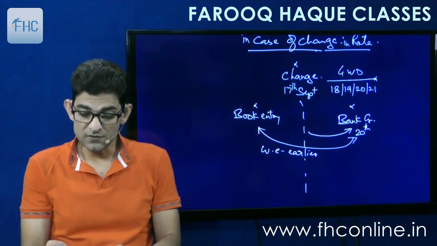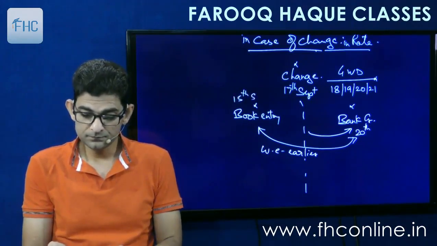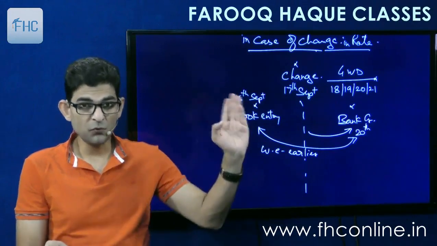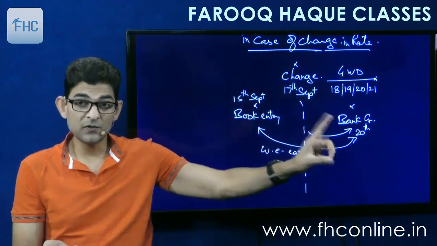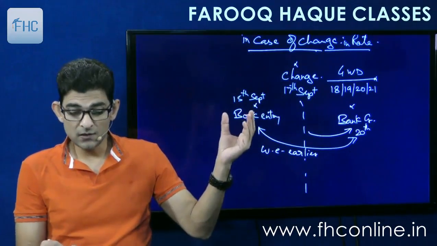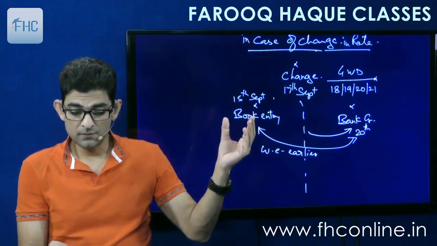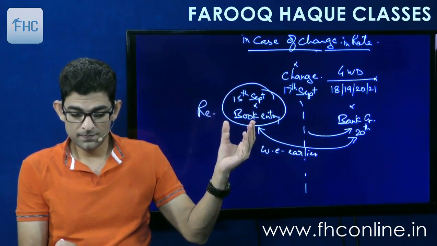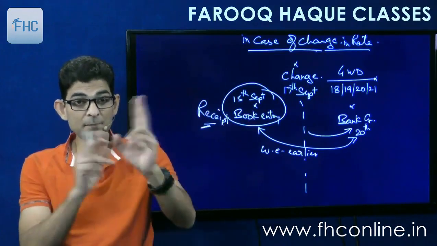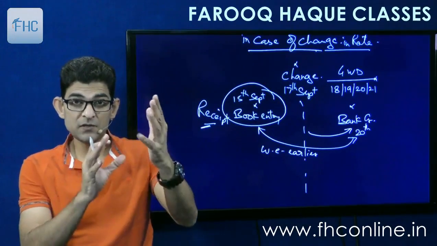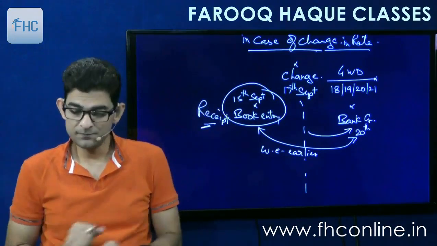That is say on 15th September. So this is before 15th, then there is a change and the money still comes in my bank within the 4 working days. Then this date will be the date of receipt. Okay. Then I will compare it with invoice and then take whichever is earlier or whichever is later as the case may be.